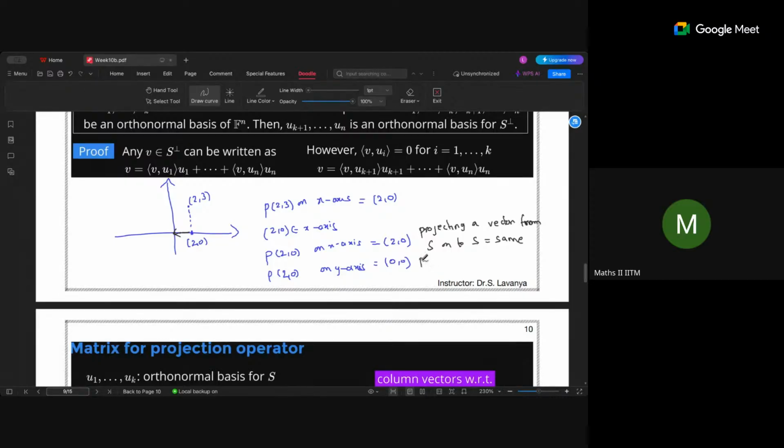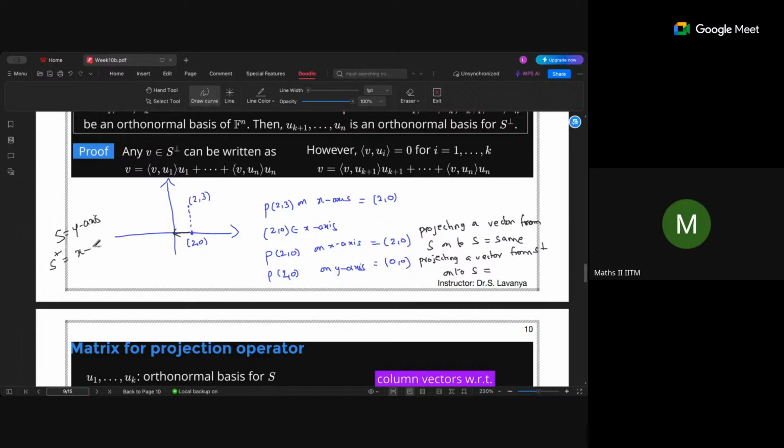Okay, so projecting a vector from S perp onto S. Can you give the answer? We just saw. Suppose the y-axis is your S, then the x-axis is your S perp.